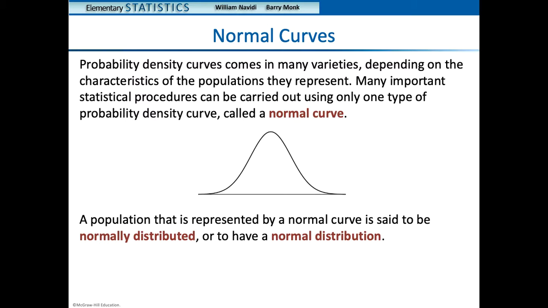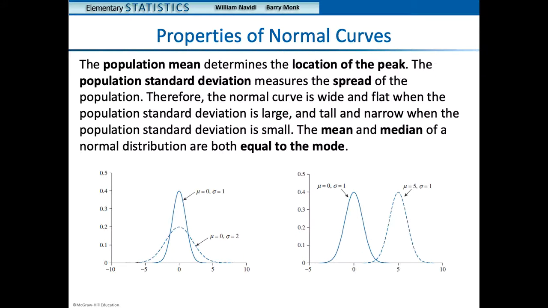A population that is represented by a normal curve is said to be normally distributed or to have a normal distribution. Now, there are lots of different normal curves. All normal curves exhibit the characteristic bell shape.